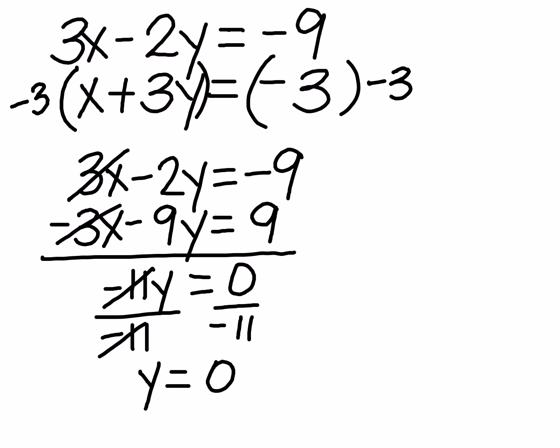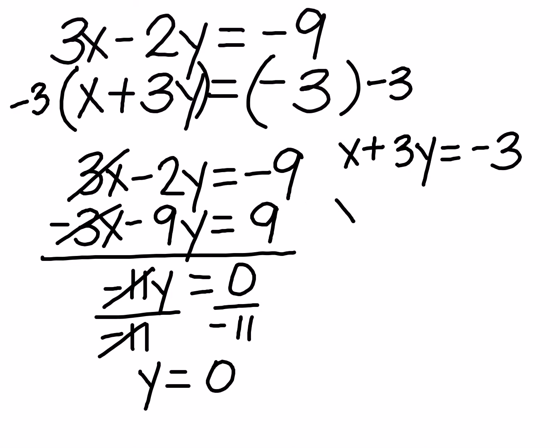So this time we found y first. Now we can go back and find x. Again, I want to choose the equation that has the x somewhat by itself. If I look at the original second equation, my x is somewhat by itself here. So I want to start right here to find x. Let's rewrite that original equation again. So we have x plus 3y equal negative 3.